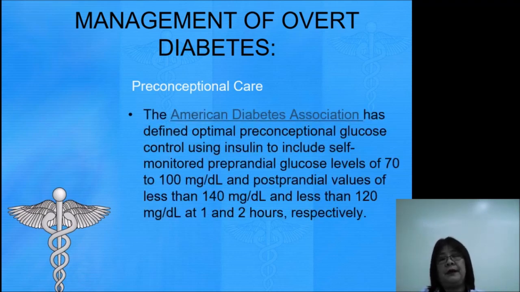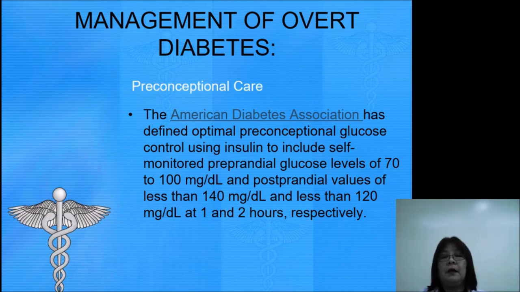So how are we going to manage a patient with overt diabetes? Before getting pregnant, the American Diabetes Association has proposed that before you advise your patient to get pregnant, if she has overt diabetes, the fasting blood sugar should be 70 to 100 milligrams per deciliter. The 1-hour postprandial value should be less than 140 milligrams per dL, and the 2-hour postprandial should be less than 120.